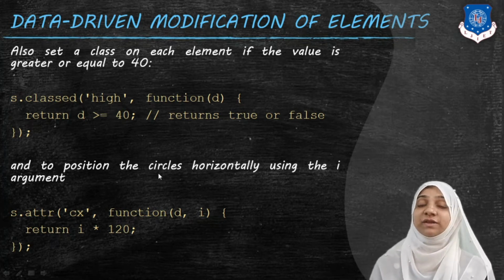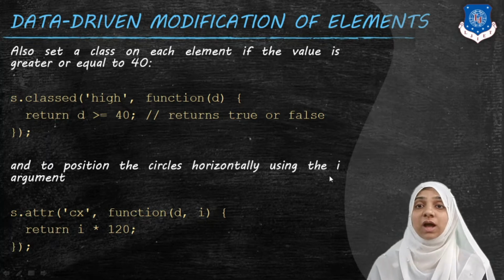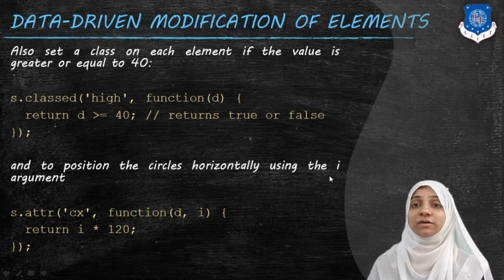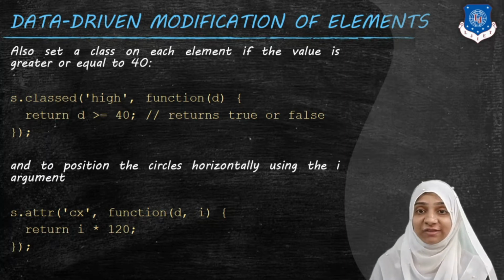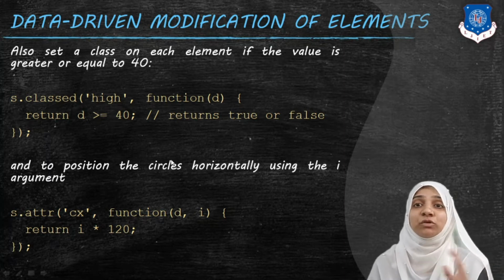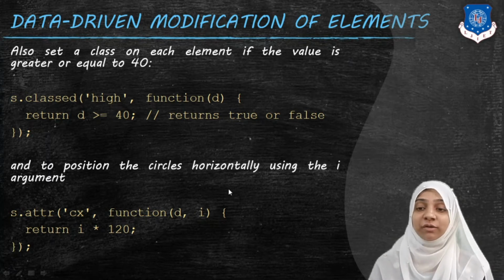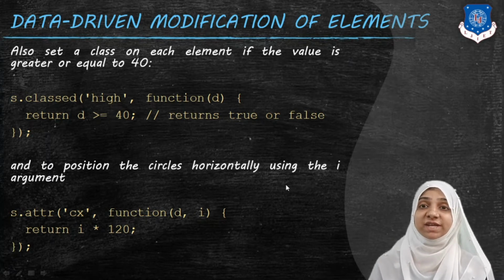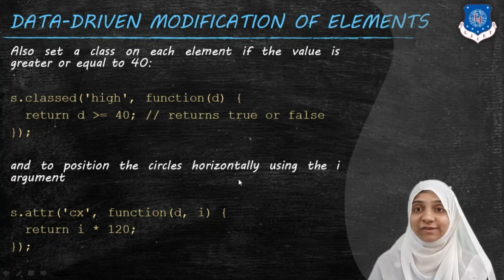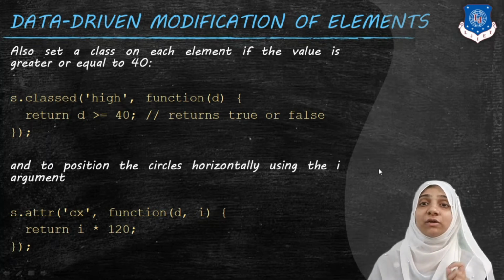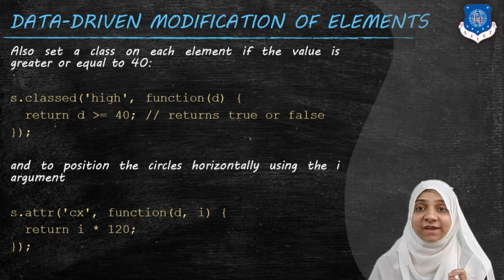And to position the circles horizontally, I want each of these circles to be separated by some different distance in the x direction. That's why I say they are positioned horizontally. So in order to position them horizontally, I must change the center in the x direction. The center of a circle in the x direction can be set using the cx attribute.